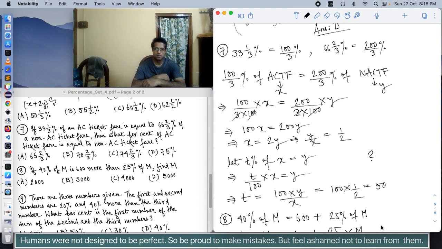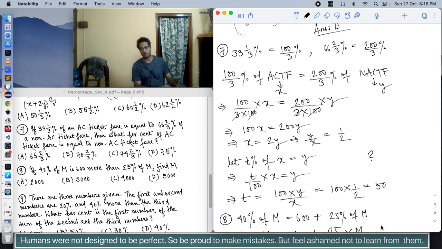the left hand side 100 by 3 divided by 100 multiplied by X is equal to 200 by 3 divided by 100 multiplied by Y. Okay. Simplifying both the sides again, we get, rather cancelling, multiplying both sides by 300, we will get 100x is equal to 200y.